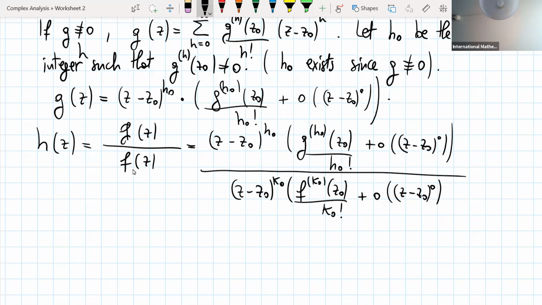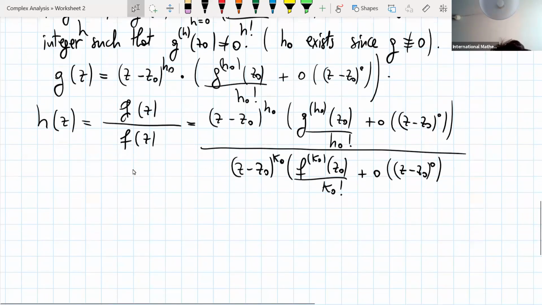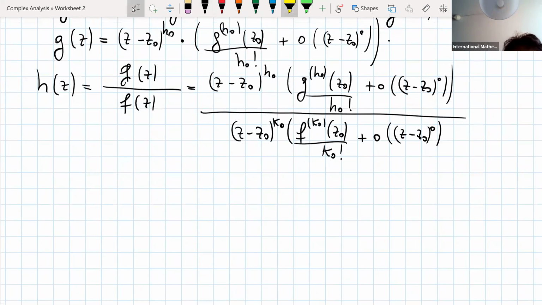So we see that we can put the two powers of z minus z0 together, this one and this one. And we can rewrite this as z minus z0 to the h0, or better, maybe let's put them at the denominator.